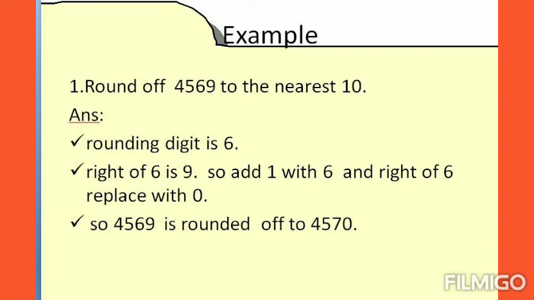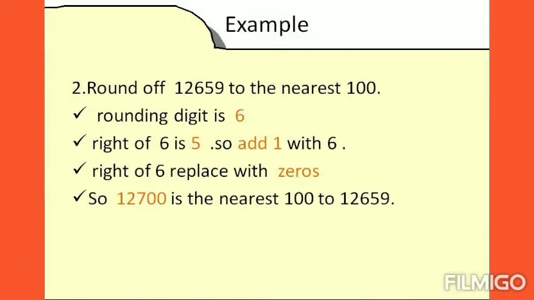So the digit to the right of the rounding digit is 9. It is greater than 5. So we have to add 1 with the rounding digit. If you add 1 with 6, you will get 7. And then replace the digit to the right of 6 as 0. To the right side only you have to replace, not to the left side of the rounding digit. So your answer is 4570 is the rounded off number.